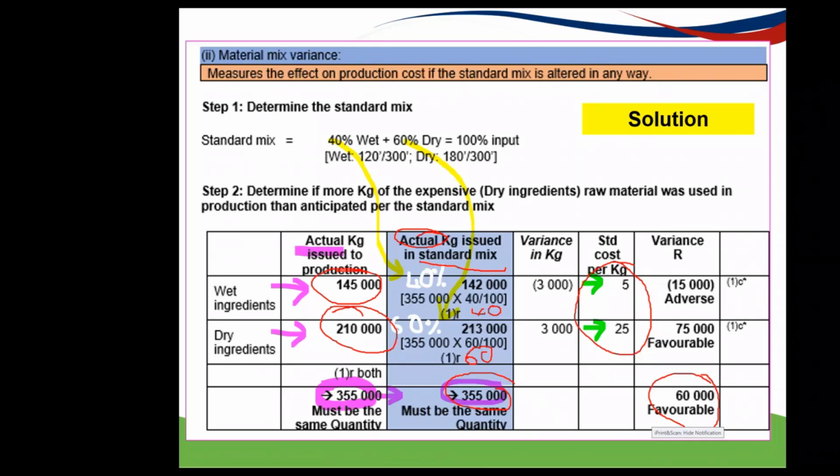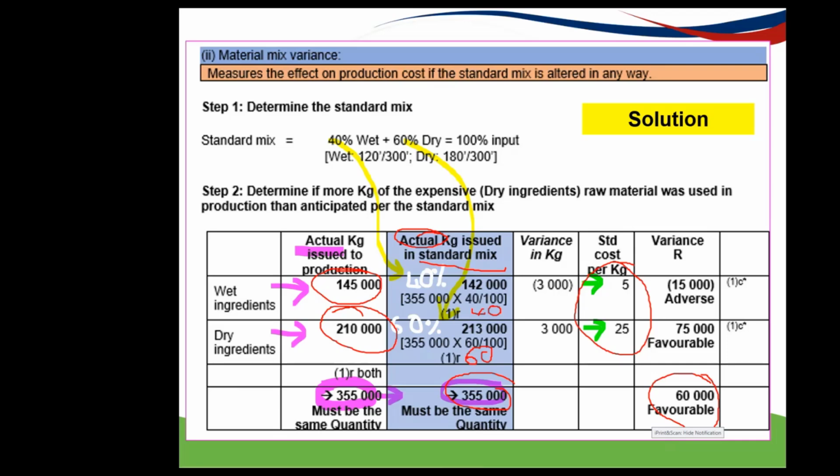Then you're going to add them up, and you see it's 355. Now I'm going to use this actual kilograms issued. The same 355, I'm going to carry this total over to the second column.